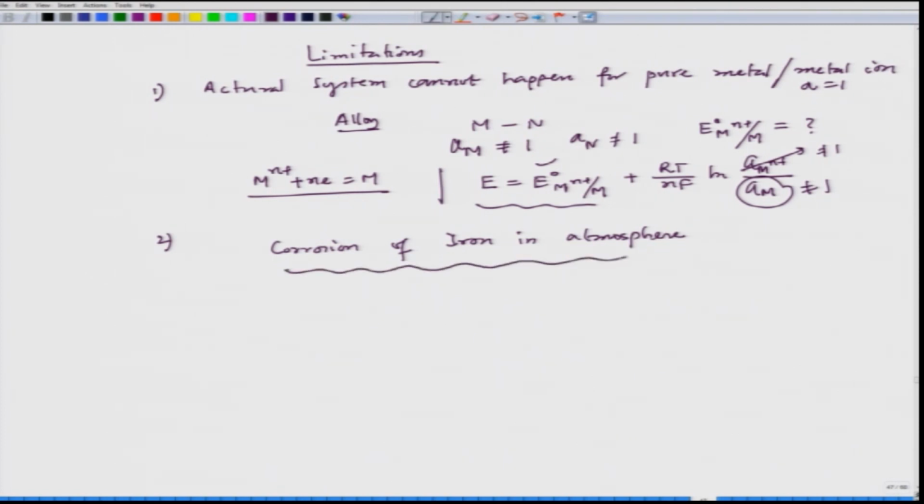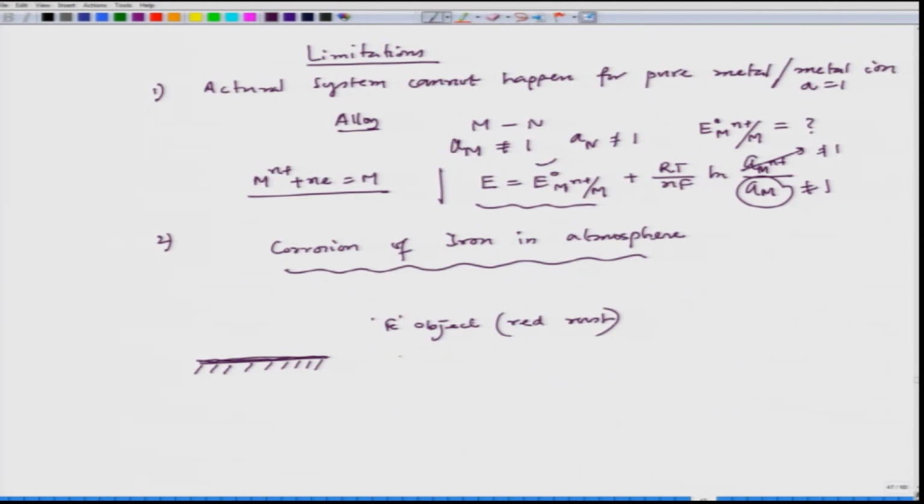So, the first case study is, let us say we have an iron object. Now, we have moisture, a small moisture layer on this iron object, and we do see in our localities that iron objects have red rust on top of them. That is the corrosion product.